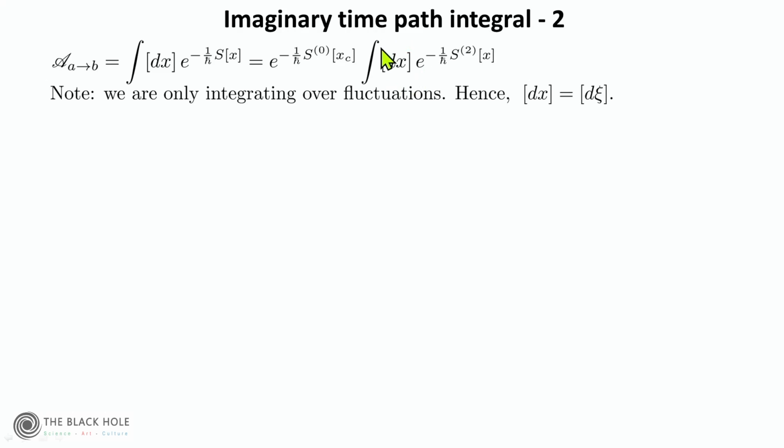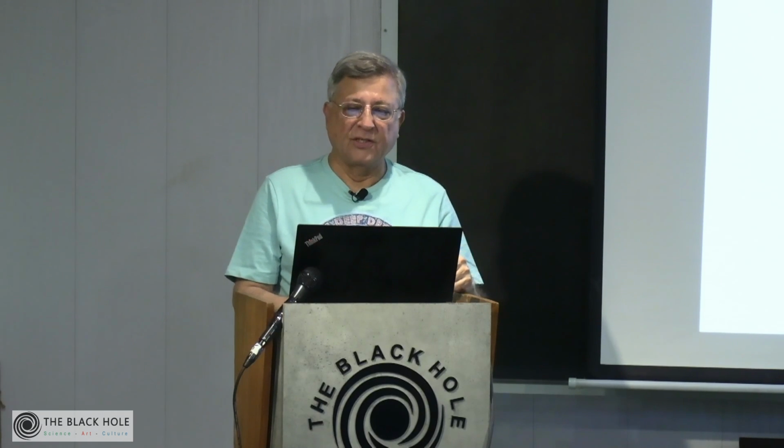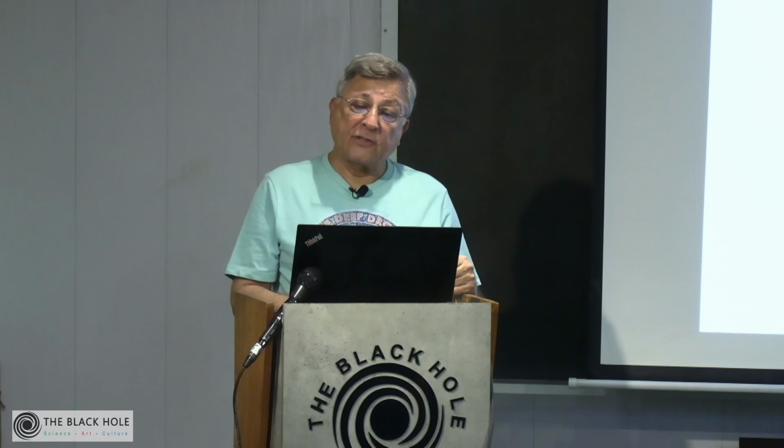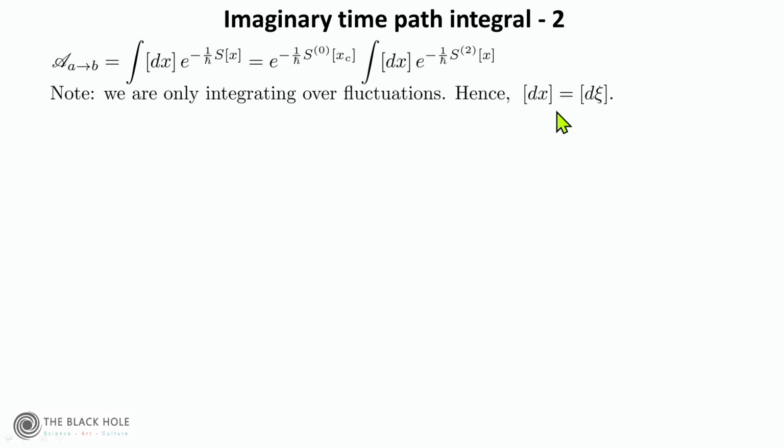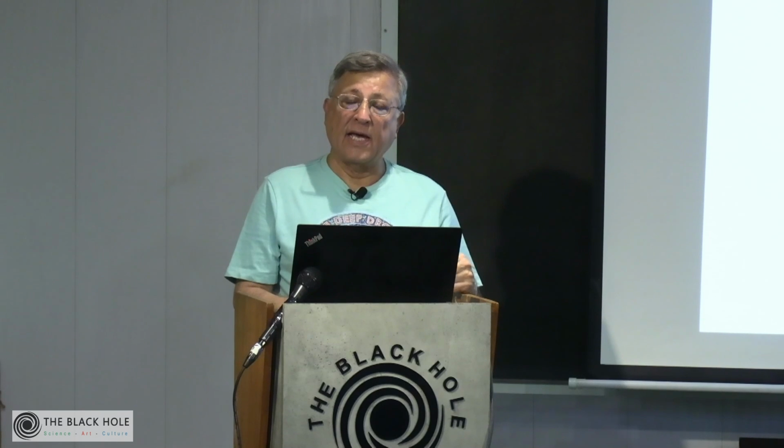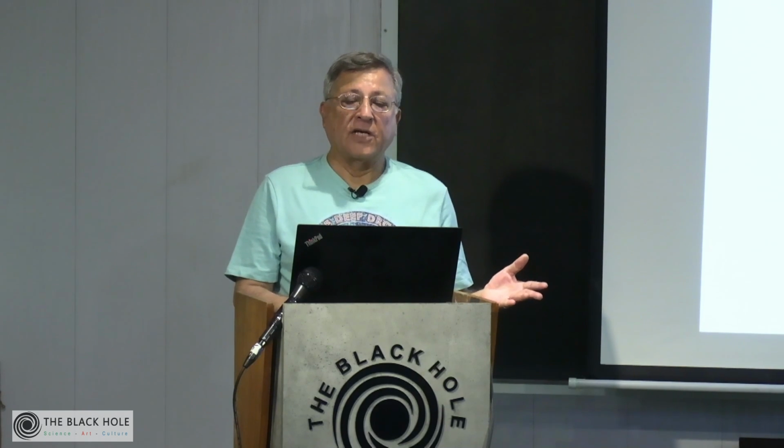Now, in this dx, this path integral here, note that we are only integrating over fluctuations. We are not integrating over the classical path because the classical path has already been determined by Newton's law, Newton's law in its strange manifestation. And so therefore, this measure, dx, is the same as d xi. You remember that x was equal to x classical plus xi, and x classical is fixed.